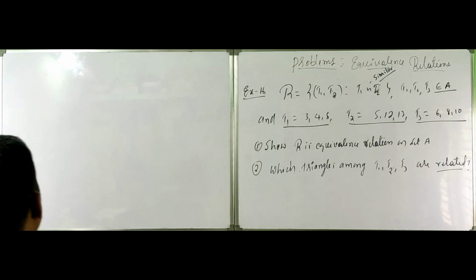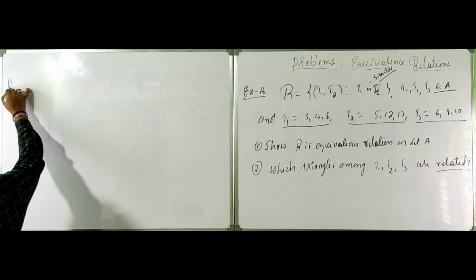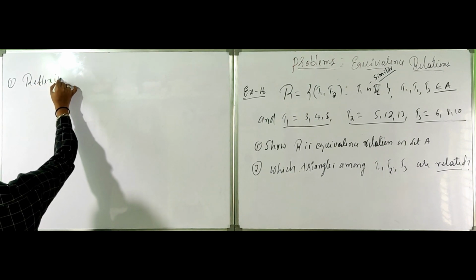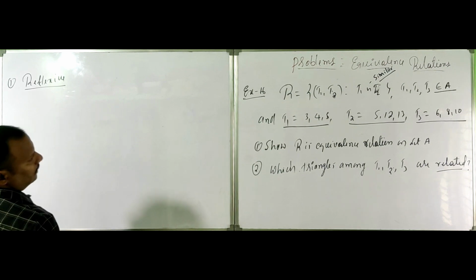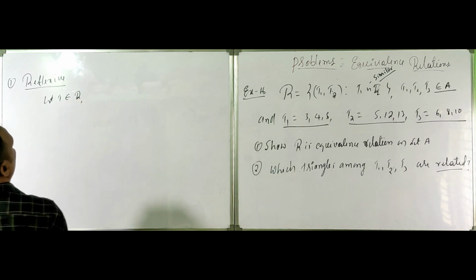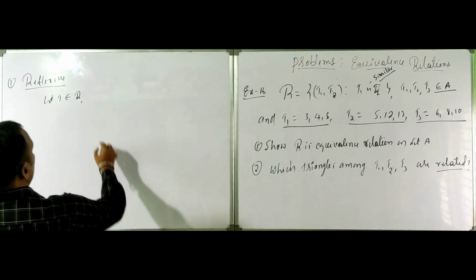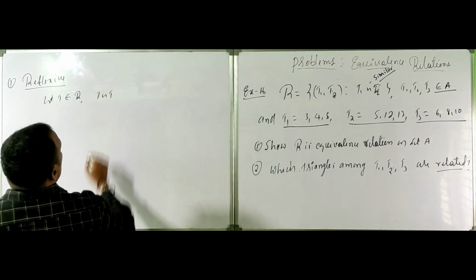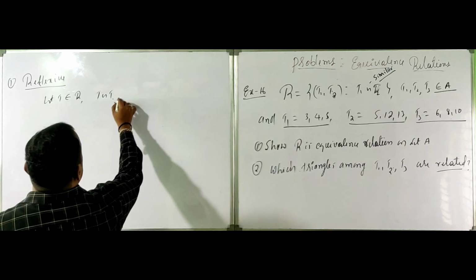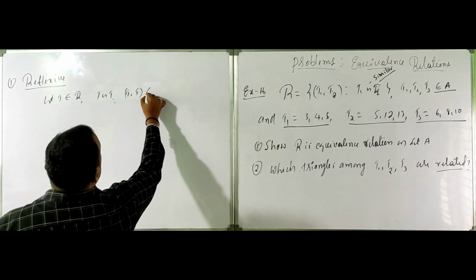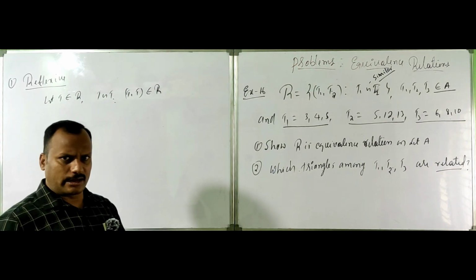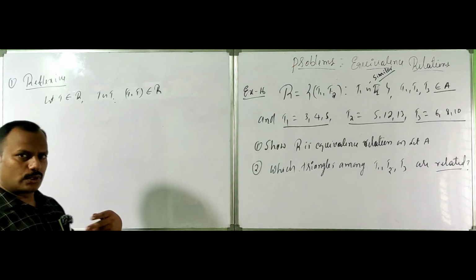First solution, the first one is about reflexive. Let T belong to R, and T is similar to T. Therefore T and T belong to R, because we are relating only one triangle, but it is always similar to itself.